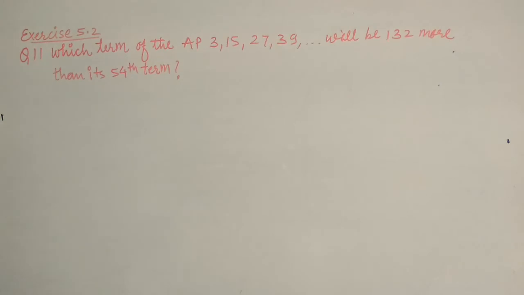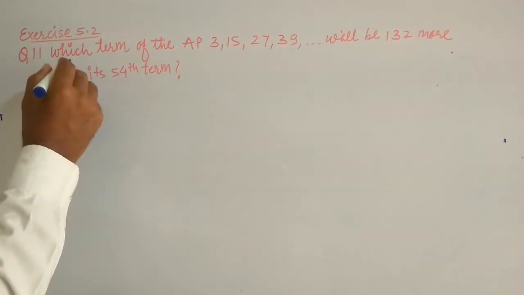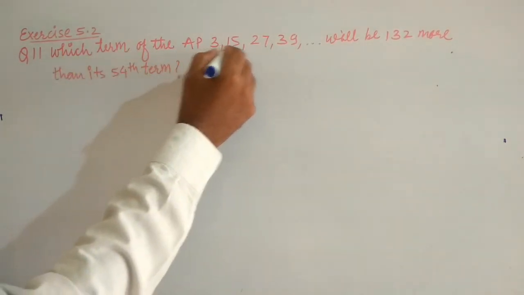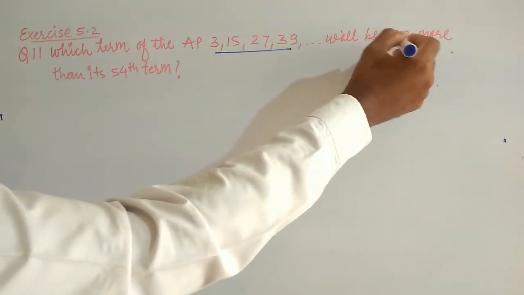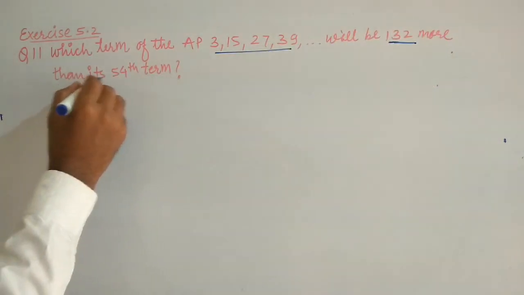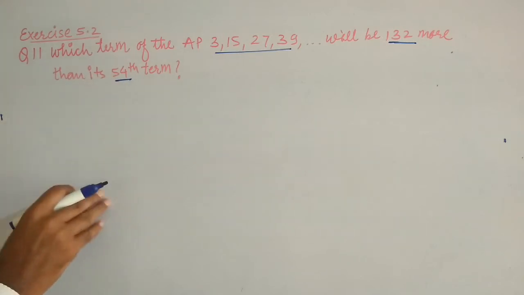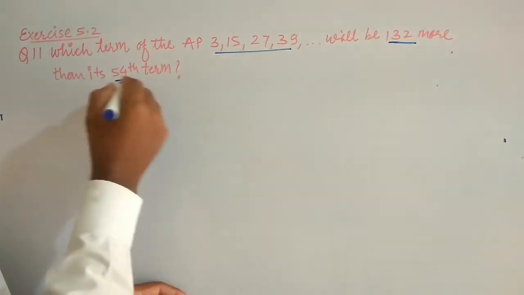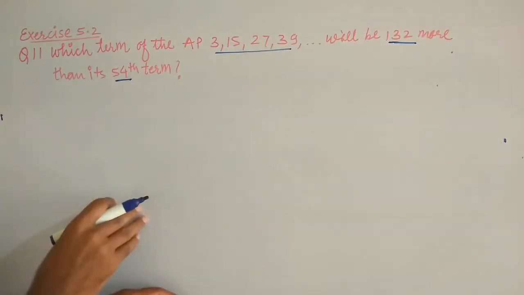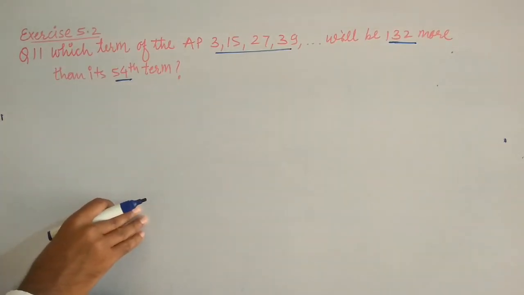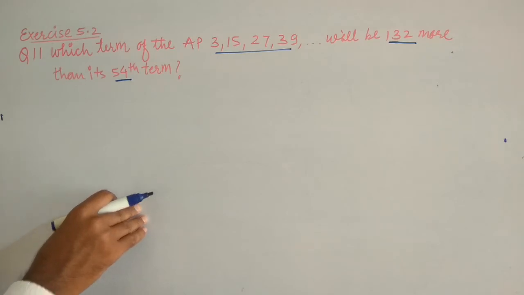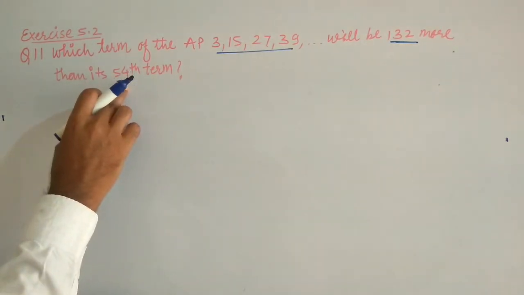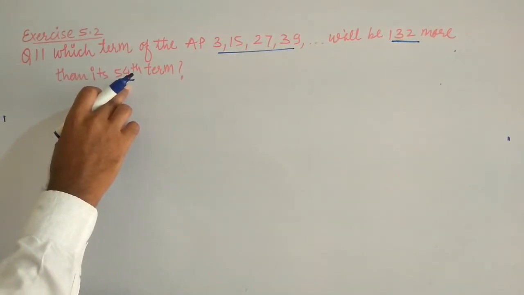Question number 11. Here, which term of this AP will be 132 more than its 54th term? इस AP की कौन सी टर्म जो है 54th टर्म से 132 मोर होगी, मीन्स ज्यादा होगी, greater than 54th term by 132.